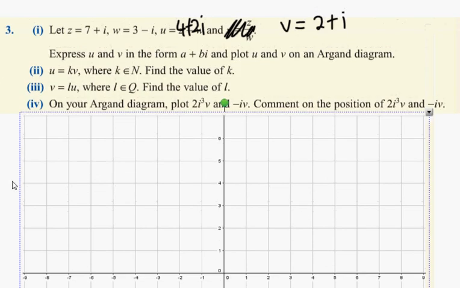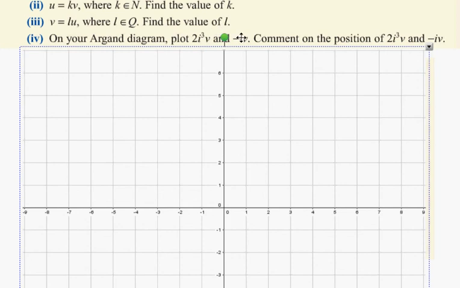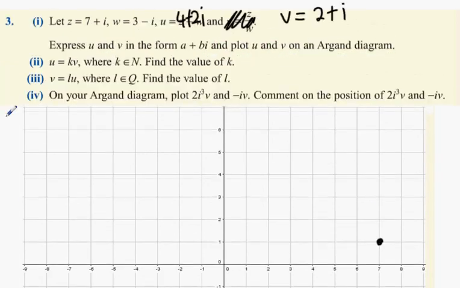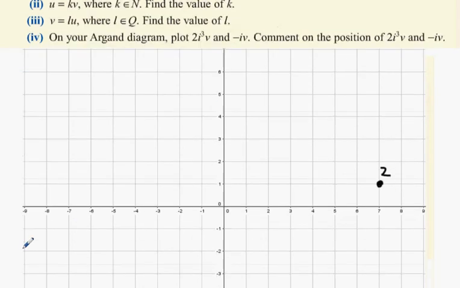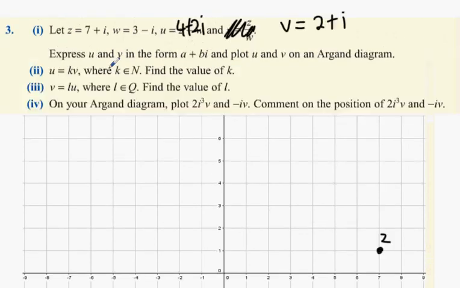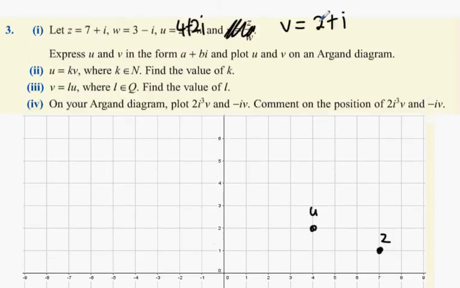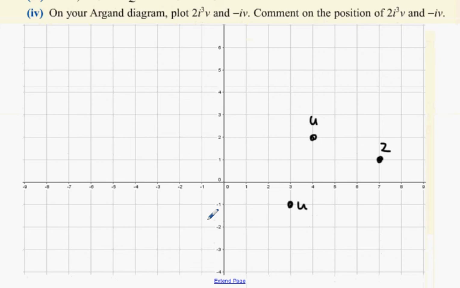So 7 plus i is 7 across and 1 up. That's Z. Next one, 3 minus i: 3 across, 1 down. That's W. Go again. 4 plus 2i for U: 4 across, 2 up. And finally after that, V is 2 plus i.